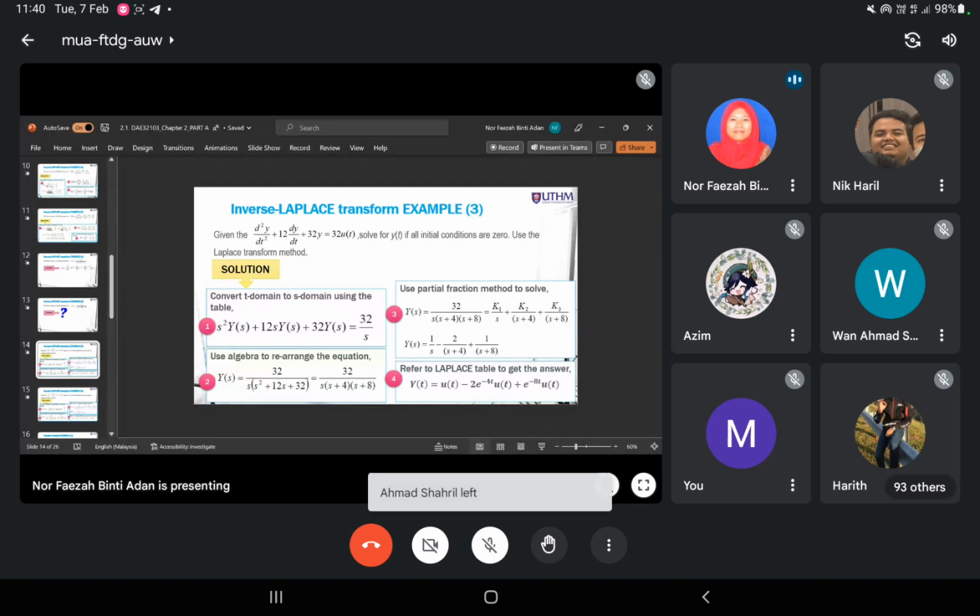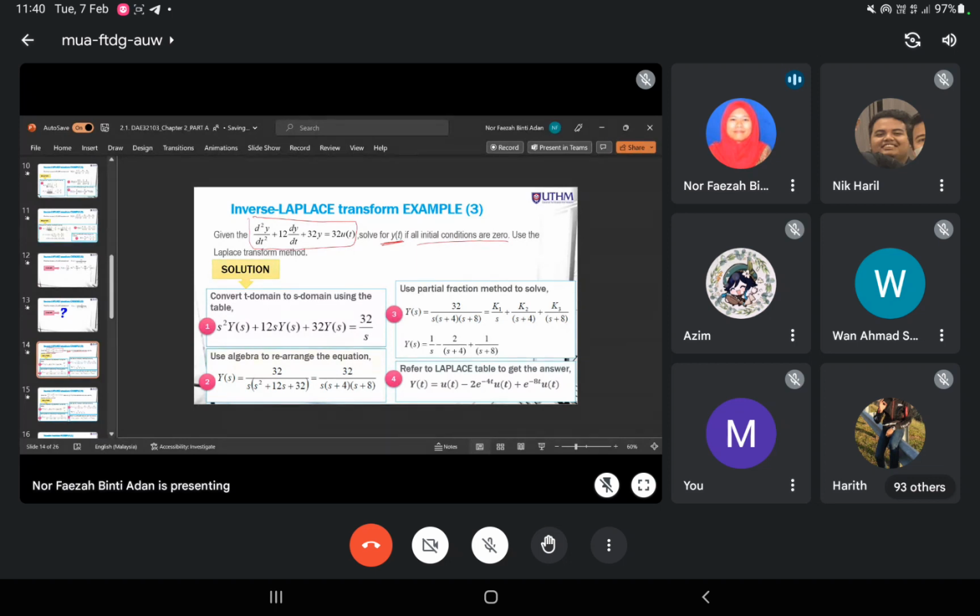You are given a differential equation. You are supposed to solve for y(t), if all initial conditions are 0. So kat sini dia dah mention dah your initial conditions are 0. So first step is mesti convert this equation into the S domain.